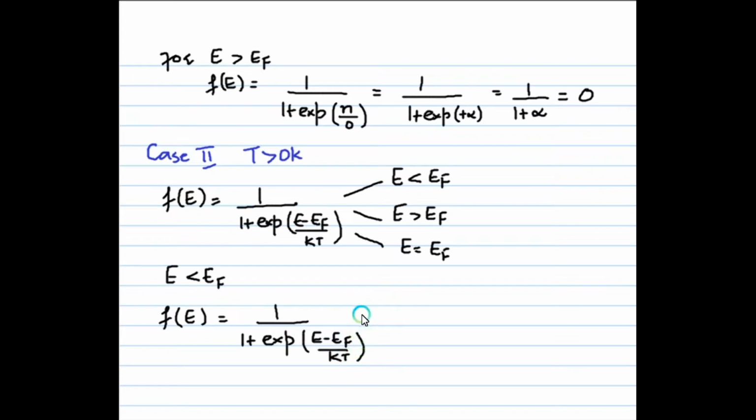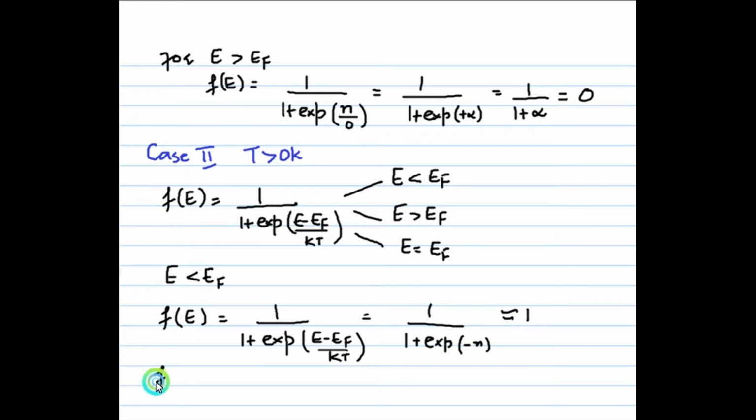So this will be 1 plus 1 upon exponential of, because E is lesser than EF, some negative number, some minus n. Now it will not be divided by 0 because the temperature is finite. Then this term will be lesser than 1, so this will be almost equal to 1.